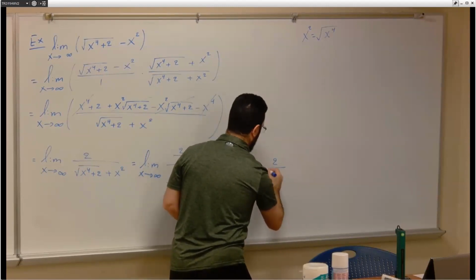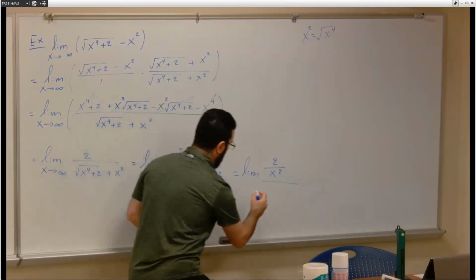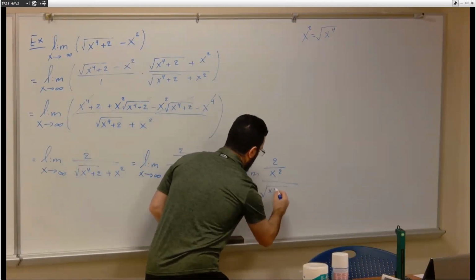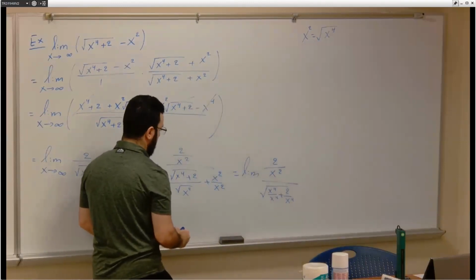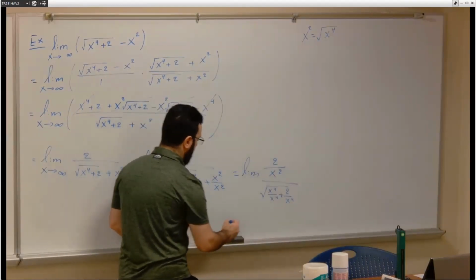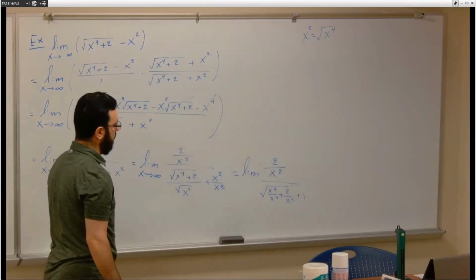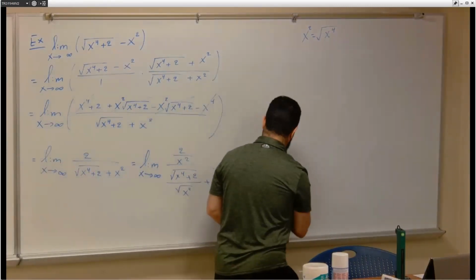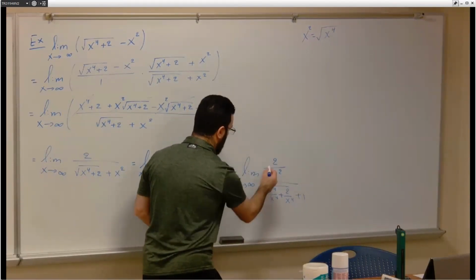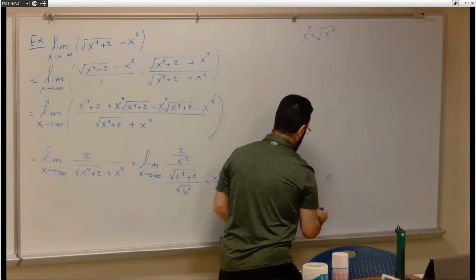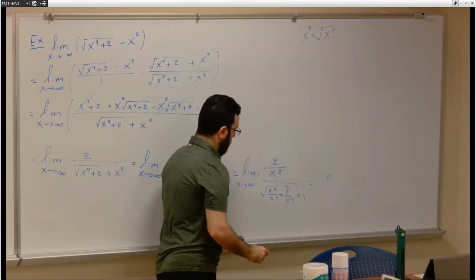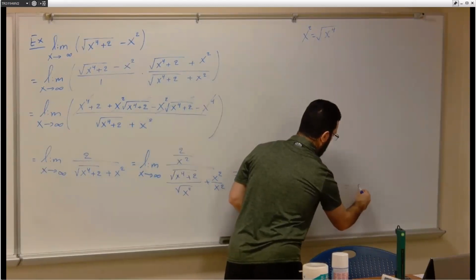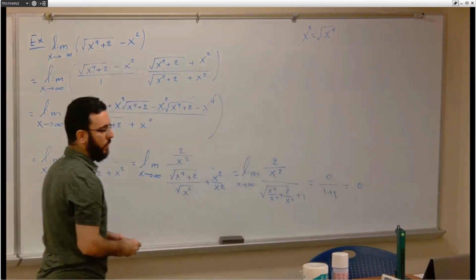The square root of x to the power 4 over x to the power 4 plus 2 over x to the power 4, plus this one. That means the limit as x approaches infinity, this one is 0. 1 plus 0 is going to be 1, plus 1, and the result is going to be 0.